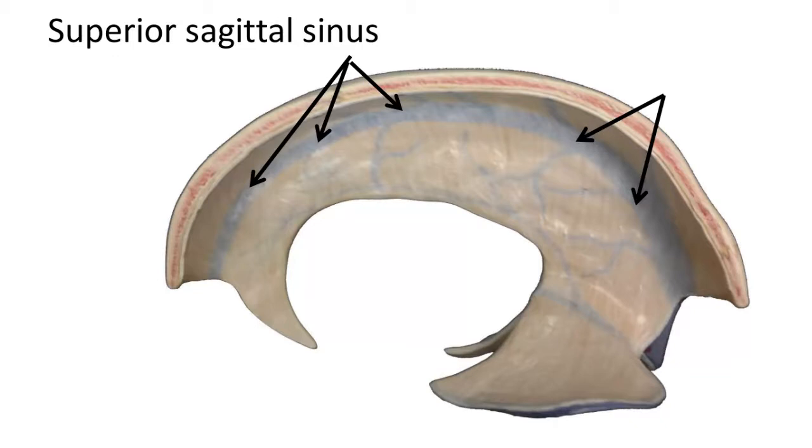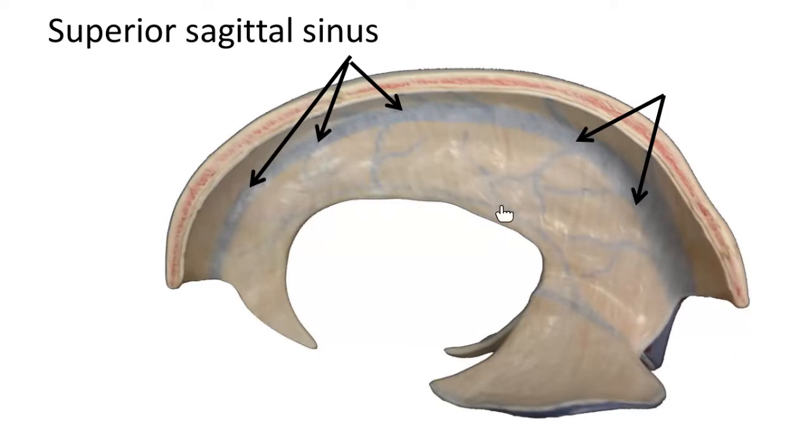So your brain's deoxygenated or venous blood will drain into this space here, and that's called the superior sagittal sinus. And it's just underneath the cranial bone there. So that's on the top portion.